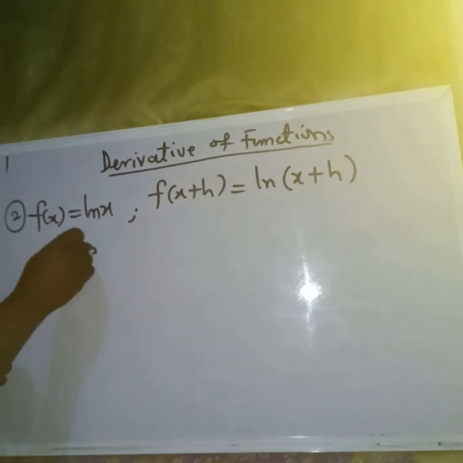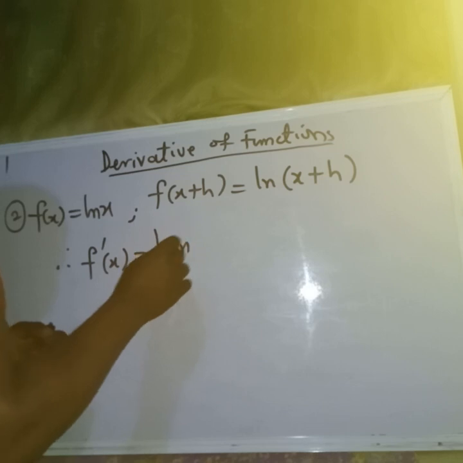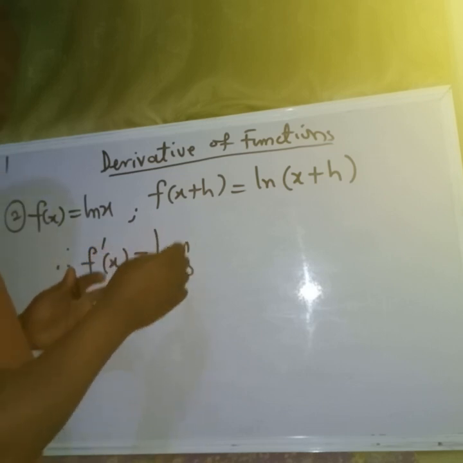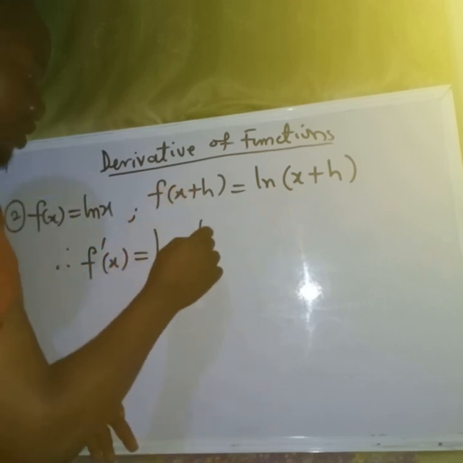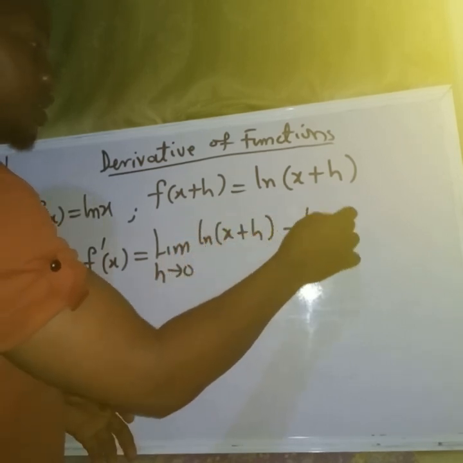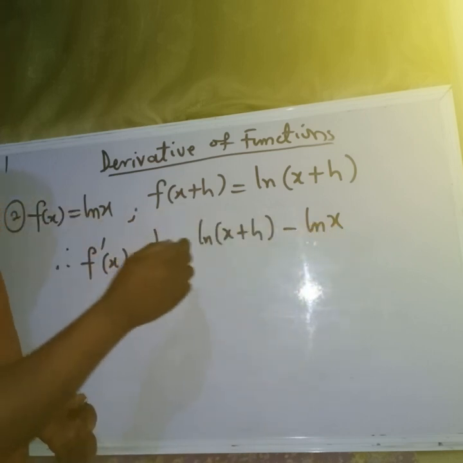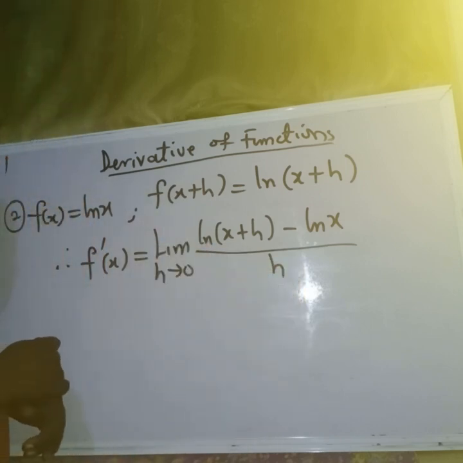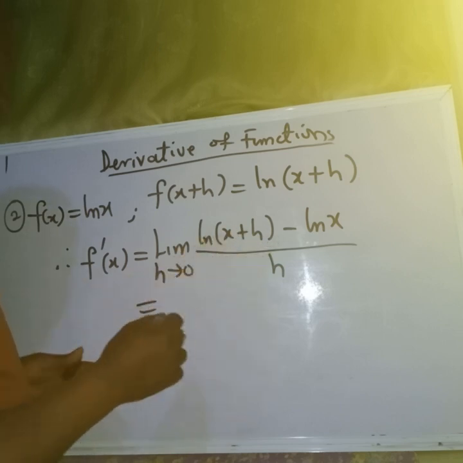Therefore, if we substitute this into the derivative formula, this will be the limit of f of x plus h, as we have it in the formula. This will be ln of x plus h minus ln x, that is minus f of x, over h. Next is to evaluate what we have here.